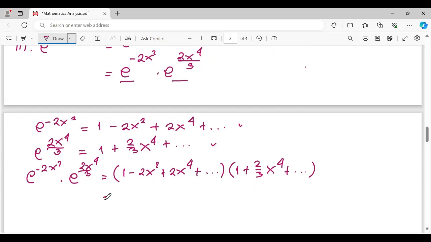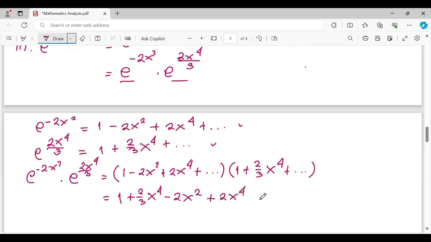And then 1 times 1 is 1. 1 times 2/3 x to the power 4, then minus 2x squared times 1. Oh, the other product will be x to the power 6, so no need. Then 2x to the power 4 times 1.